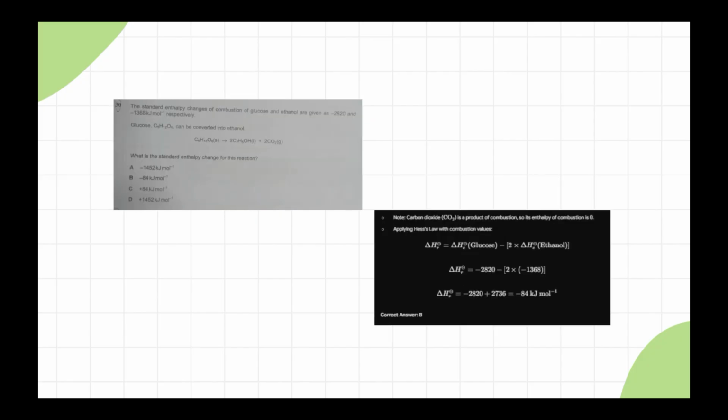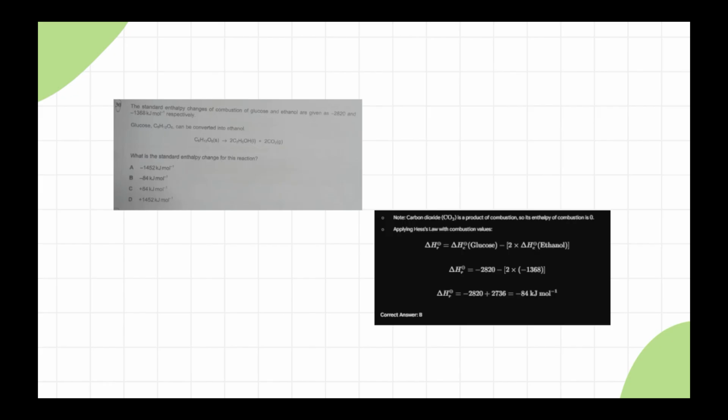The standard enthalpy changes of combustion of glucose and ethanol are given as minus 2820 and minus 1368 kilojoule per mole respectively. Glucose can be converted into ethanol. What is the standard enthalpy change for this reaction? We have to note that carbon dioxide is a product of combustion, so its enthalpy of combustion is zero.